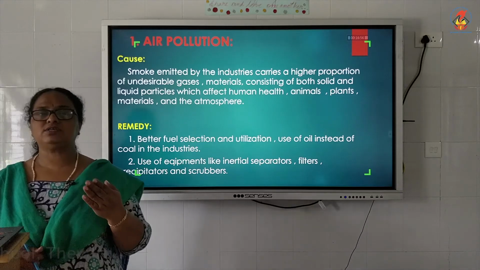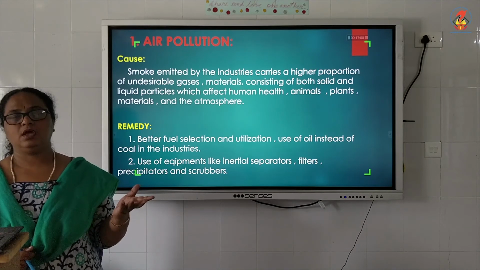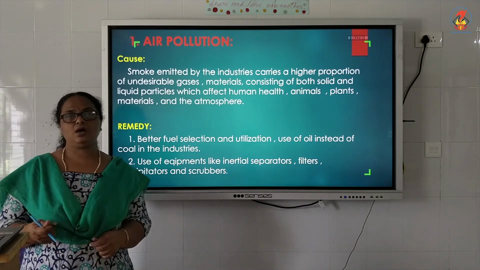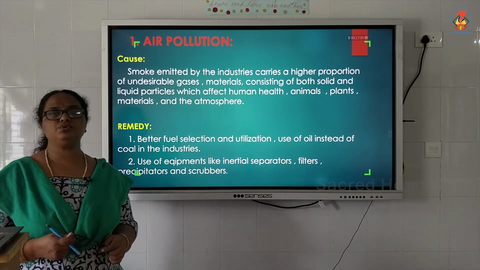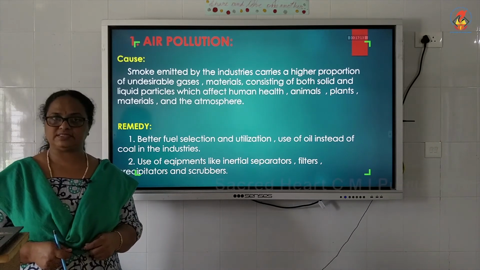So it is causing air pollution. Now what is its remedy? How can we reduce the air pollution from the different industries?